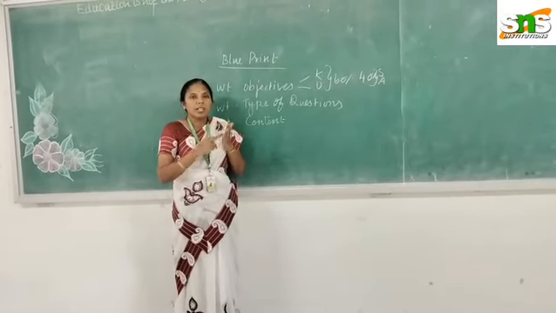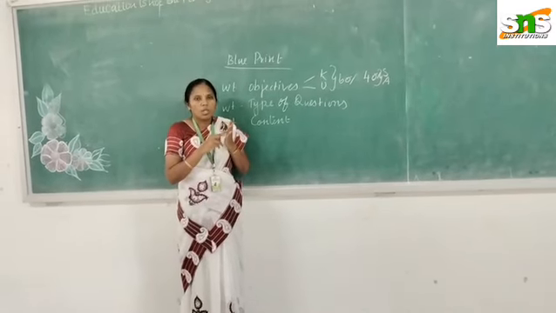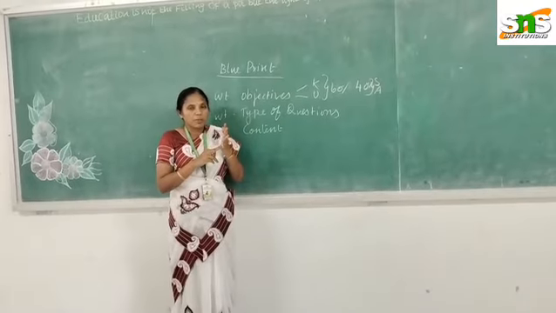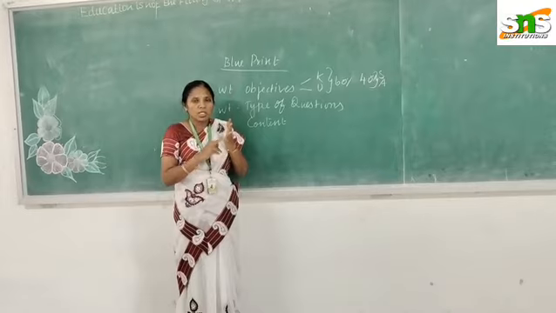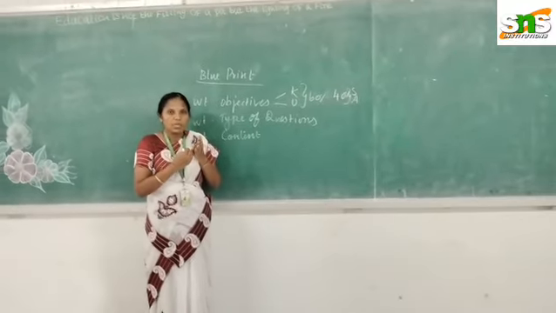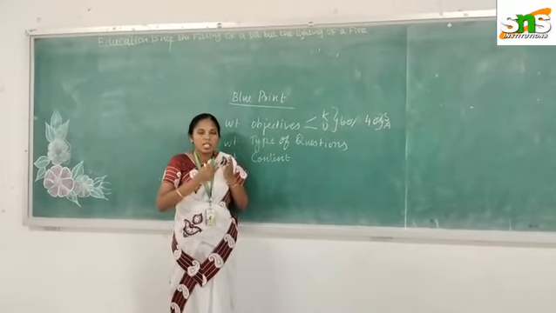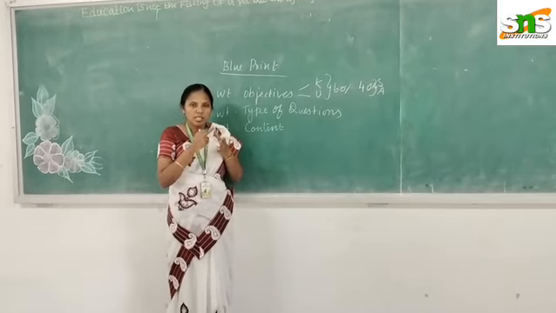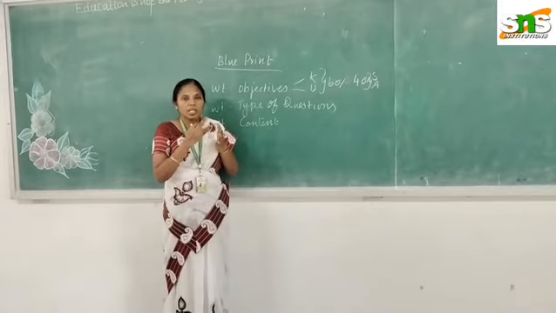Objective type may contain choosing the correct answer, fill-ups, matching and write one word. These all come under objective type questions. Then you may have very short answer, brief and essay type.